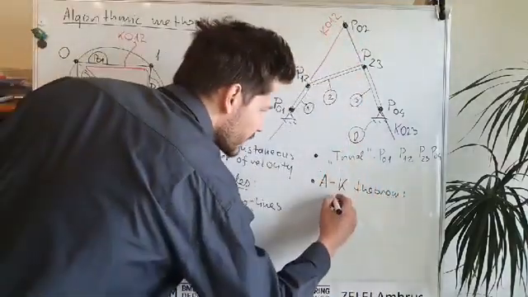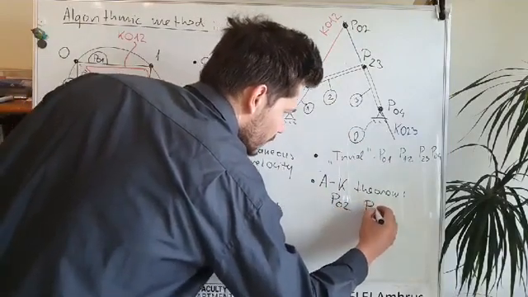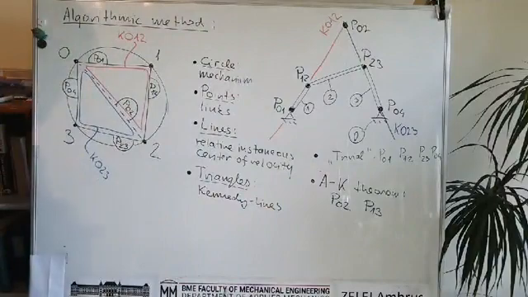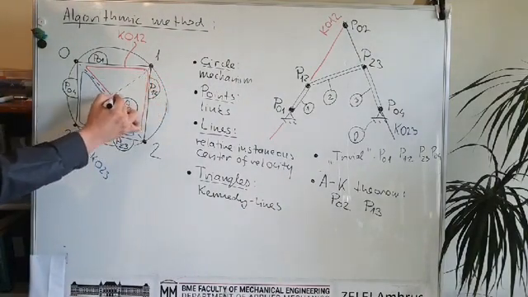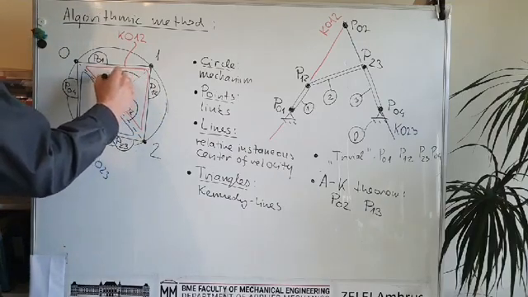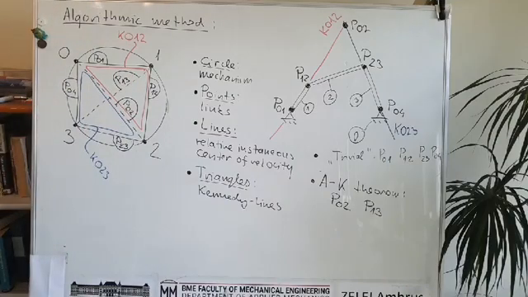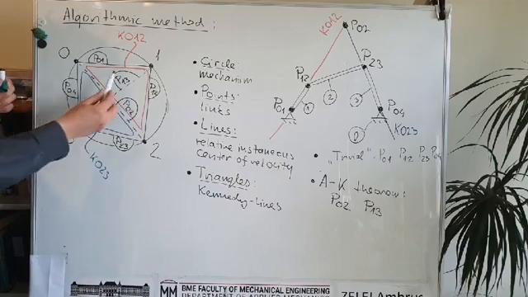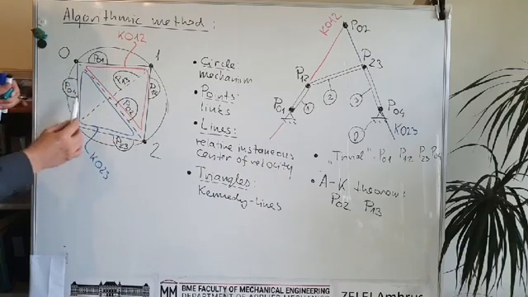It is already done, and we also would like to find P13, and in this graph P13 is this dashed line, so this is P13, and it tells us that first I should try to find the Kennedy line 0, 1 and 3.